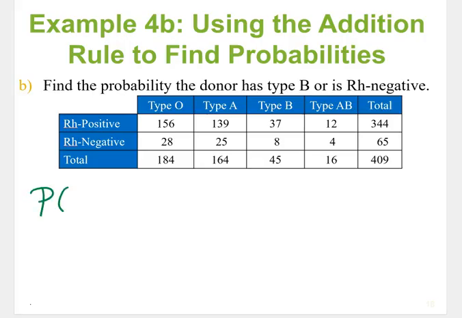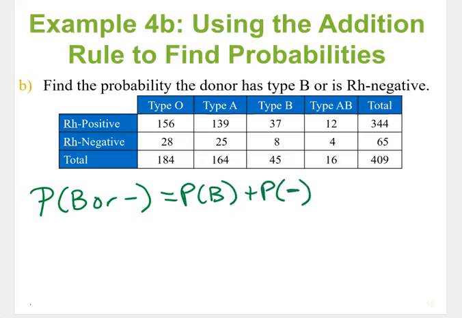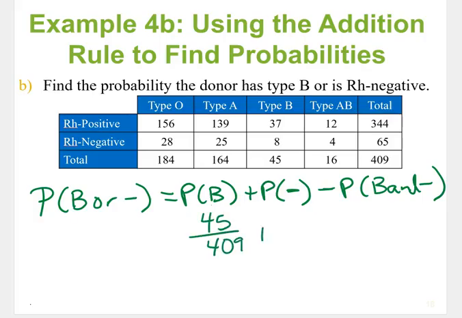So the probability that they are B or they are negative would be the probability that they have type B blood plus the probability that they have an Rh negative minus the probability that they are both B and Rh negative. So probability that they are type B, there are 45 people out of the 409, plus Rh negative. So we go to this row right here.